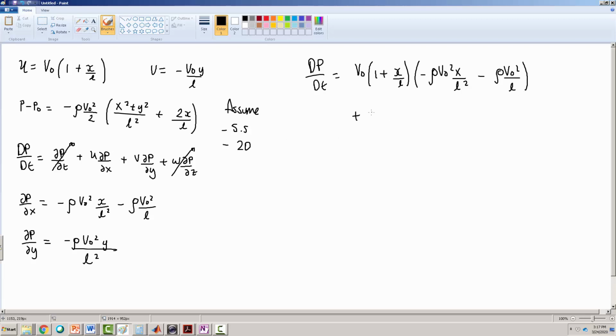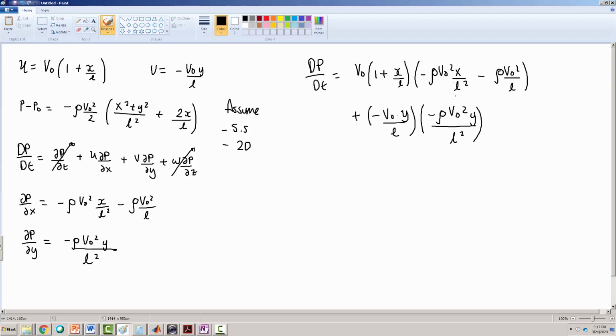The second component is v, which is minus V0 y over L, and then we multiply it by the ∂P/∂y, and that is minus rho V0 squared y divided by L squared.